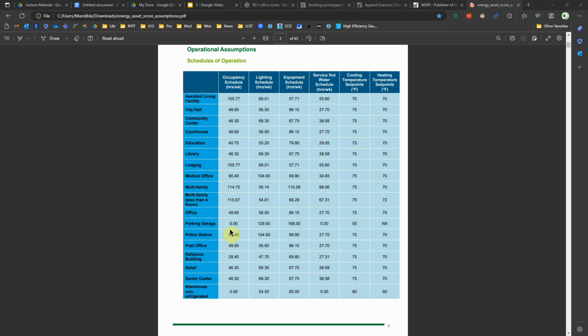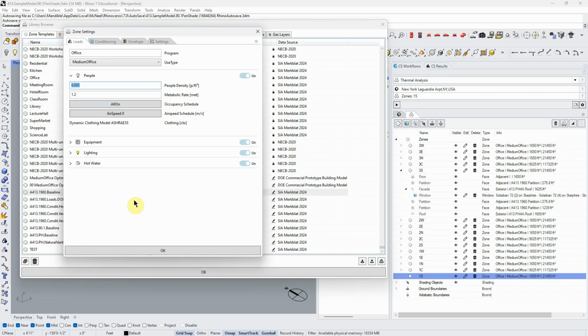And for an office, here are contemporary levels. So this is what we'll use in the next round. But what I did initially was, this point zero .05 came from one of those standards.